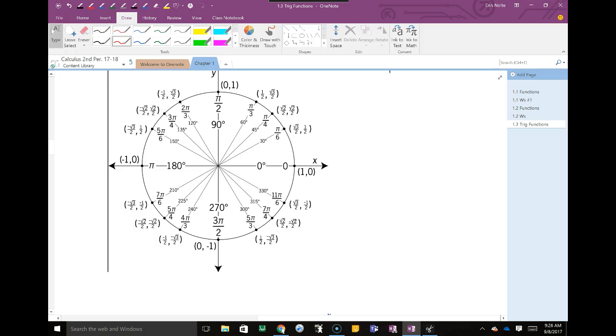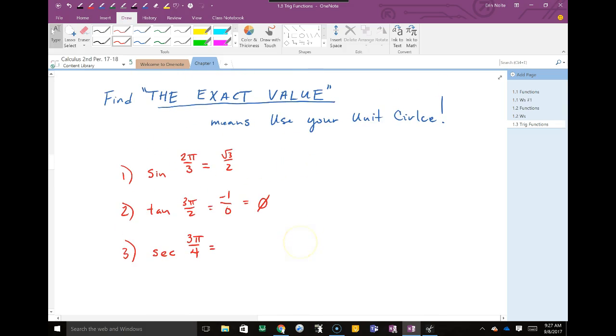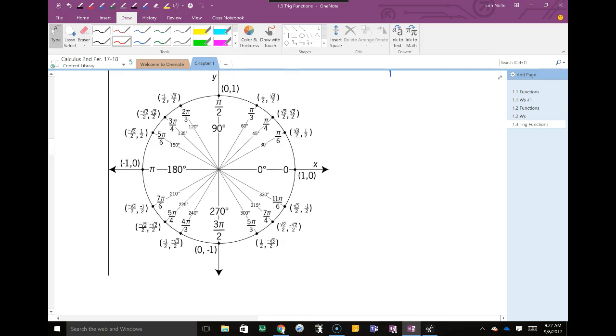Oh, my bad. I meant to do secant. Change that to secant. I meant to do a reciprocal. Secant of 3 pi over 4.